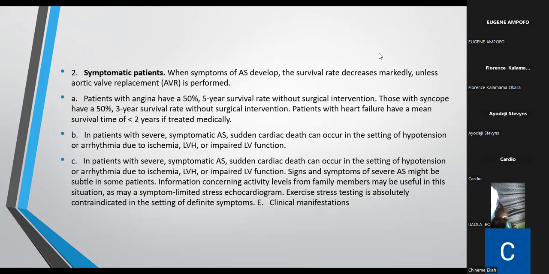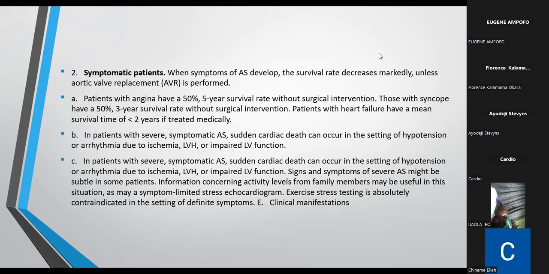When symptoms ensue, the survival rate decreases, unless an AVR is performed. In a patient with severe symptomatic AS, sudden death can also occur in the setting of hypotension or arrhythmia due to ischemia, LVH, or even impaired LV function.